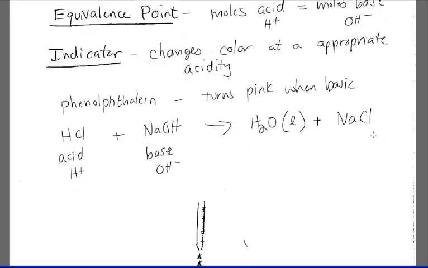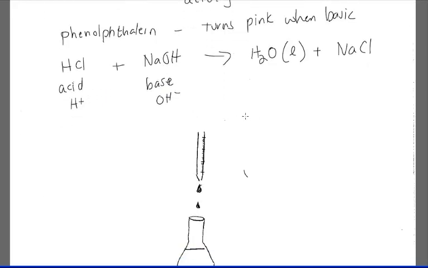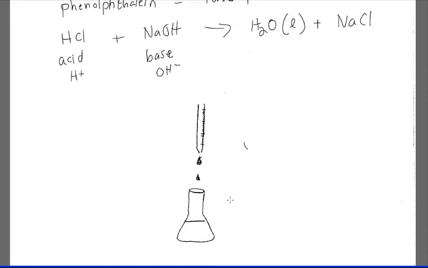What we often do is add a known amount of one of the reactants to an unknown concentration of the other one. So for instance, let's say that we have an unknown amount of HCl solution, which means it's aqueous, in the container below.